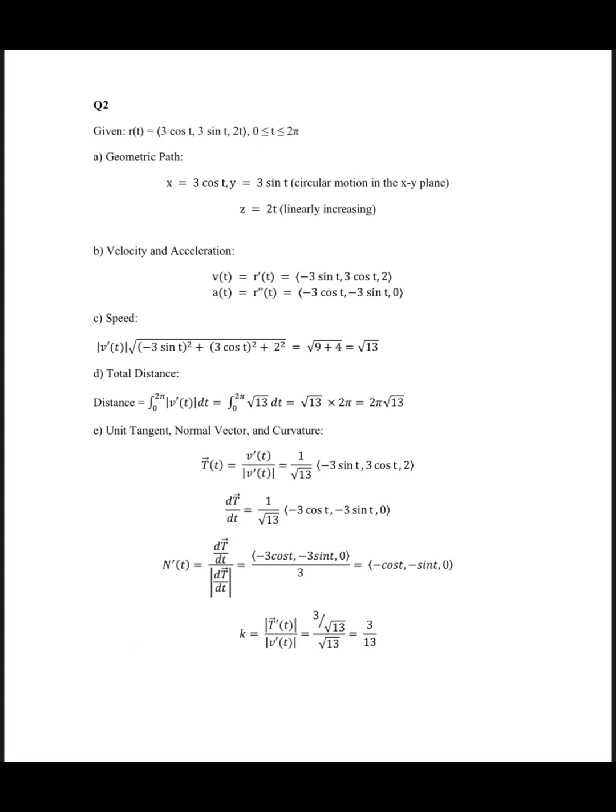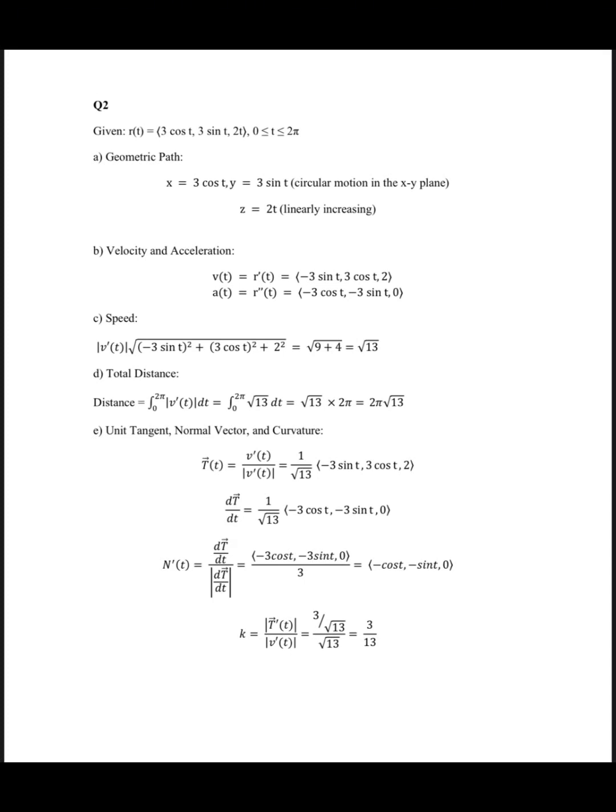And for question D, which is the total distance, the distance is equal to the integral from 0 to 2 pi of the magnitude of r prime of t dt, which is the answer for speed. So when we integrate from 0 to 2 pi for square root of 13, we get square root of 13 times 2 pi, which is 2 pi square root of 13.